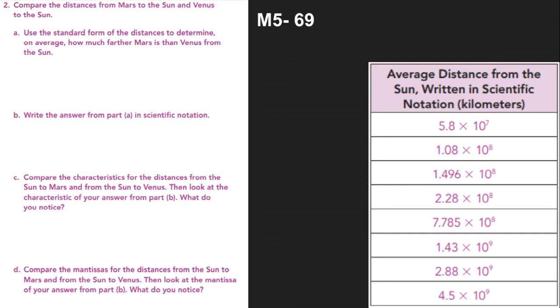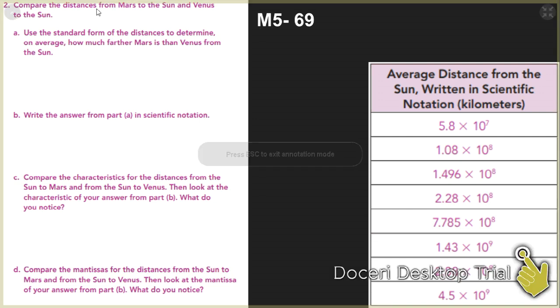And on page M569, the first question, we're going to use standard form. So we're really not even using scientific notation to start off with. So it says, use standard form of the distances to determine on average how much further Mars is than Venus from the Sun. Alright, well, first off, we got to figure out what operation we're going to be doing, if we're going to be adding or subtracting.